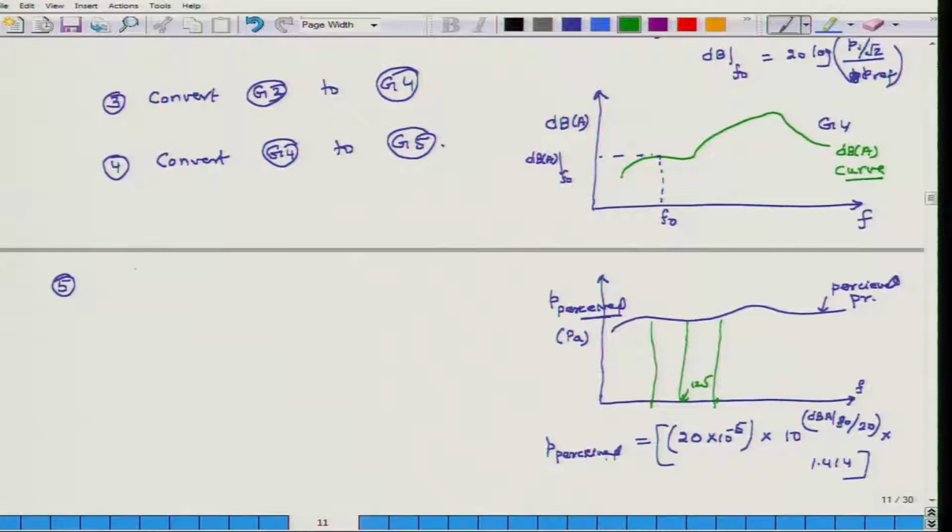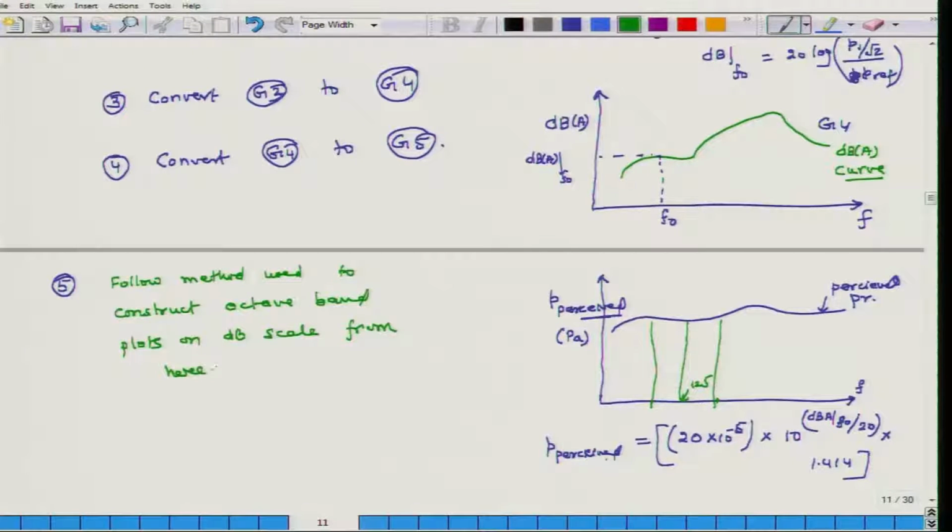From this I am going to write: follow the method used to construct octave band plots on dB scale from here on. So, specifically what do I do?